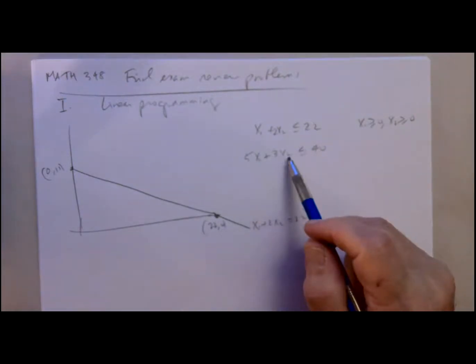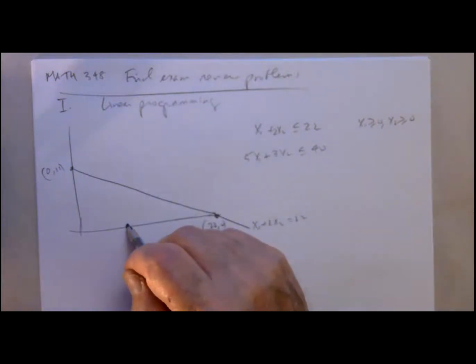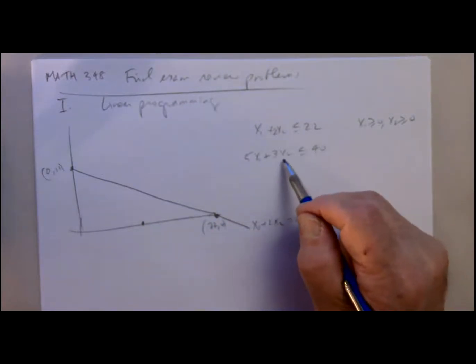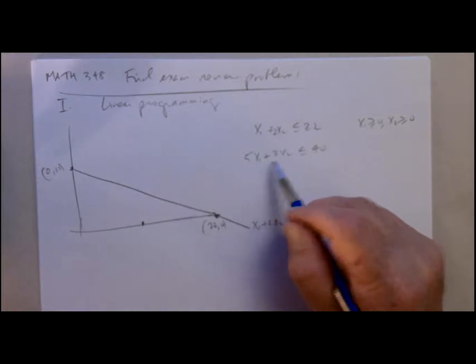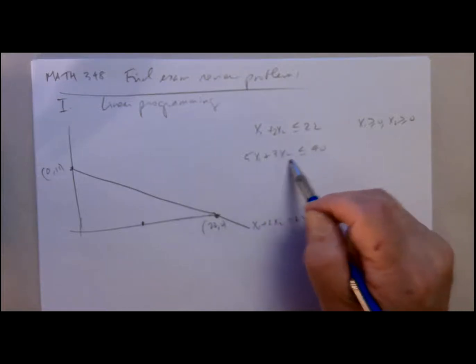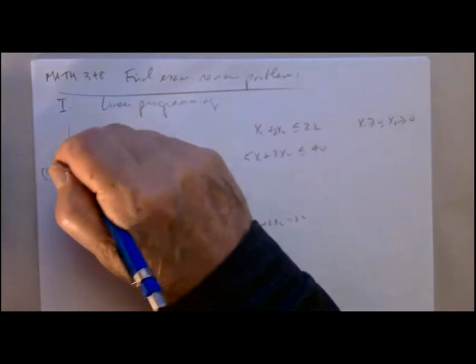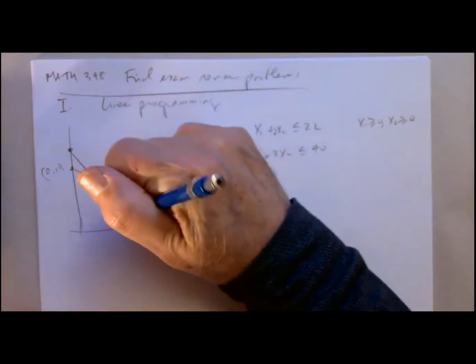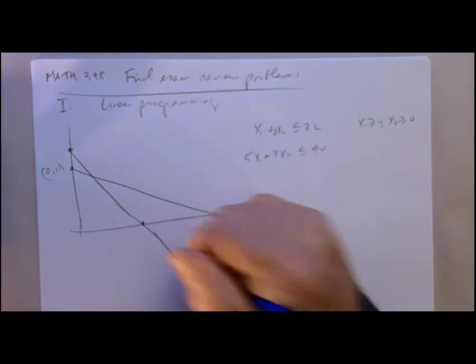The second inequality is 5x1 plus 3x2 less than or equal to 40. When x2 is 0, x1 is 8. And when x1 is 0, x2 is 40 over 3, which is a little bit more than 13. So we have a line that looks like this.